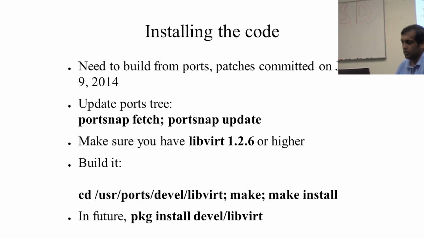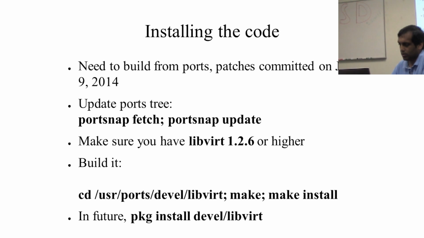So you need to build the port from the ports tree. If you're familiar with updating ports, you can use portsnap or whatever you want. You can check it out from Subversion, but I use portsnap: I do portsnap fetch, portsnap update, and that pulls in the ports tree under the /usr/ports directory.